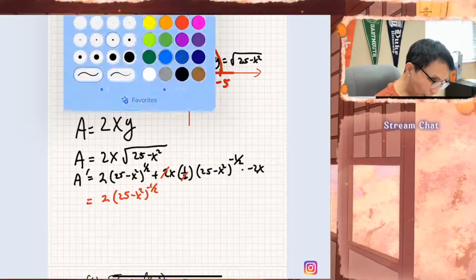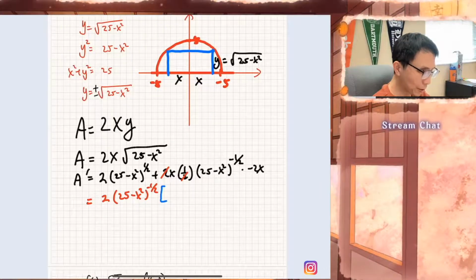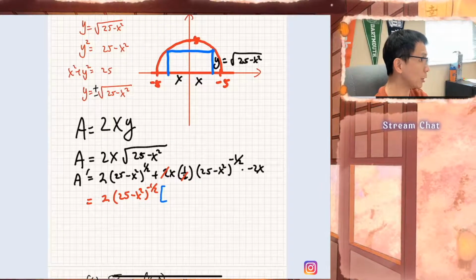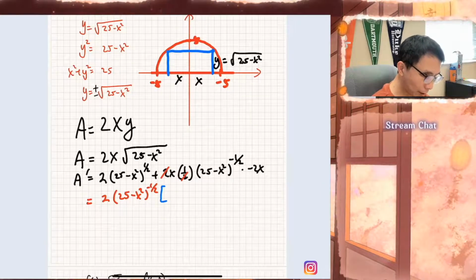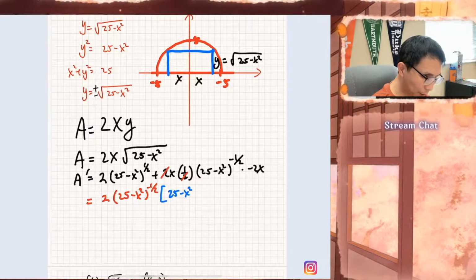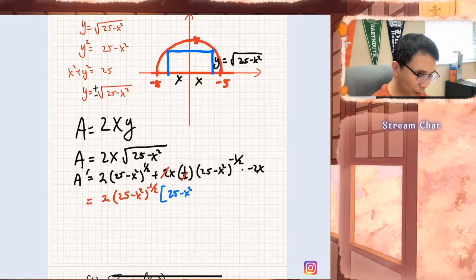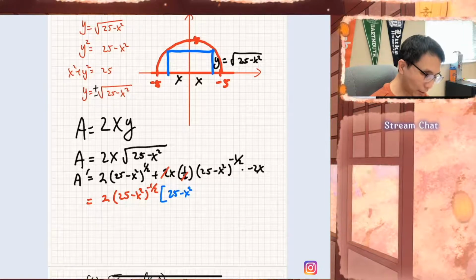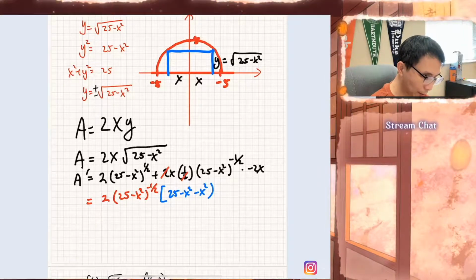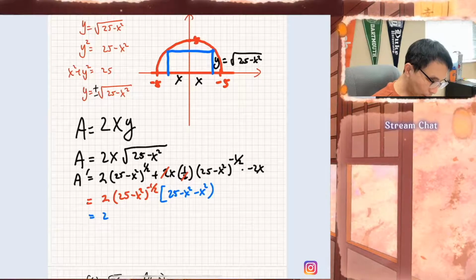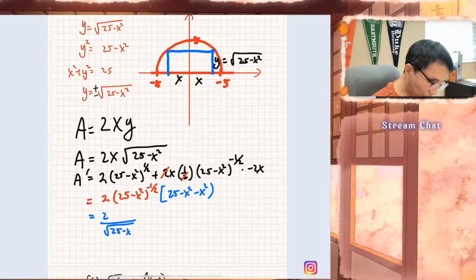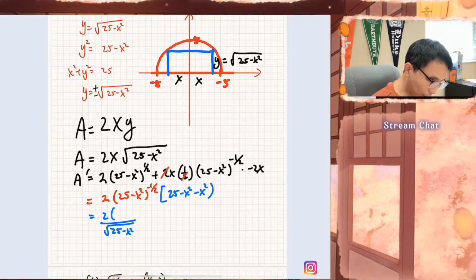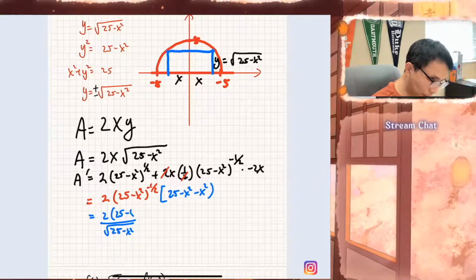Once I factor out, that 25 minus x squared is going to turn into the first power because 1/2 minus negative 1/2. So it'll be 25 minus x squared. And then what do you have left? Well, the 2 is out, x and x, which is minus x squared. So therefore it's equal to 2 times the square root of 25 minus x squared, and this one is 25 minus 2x squared.